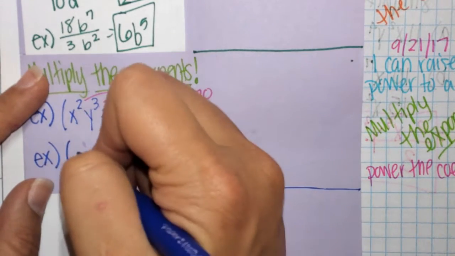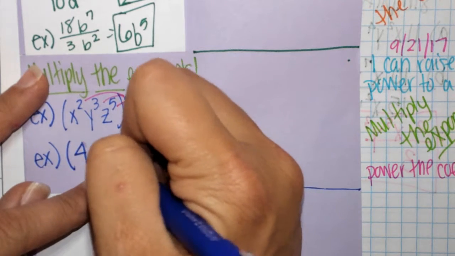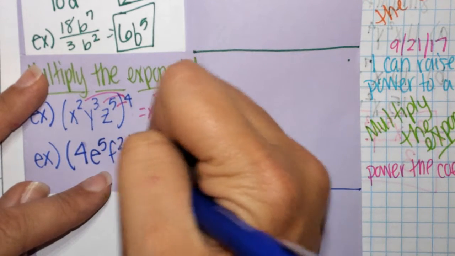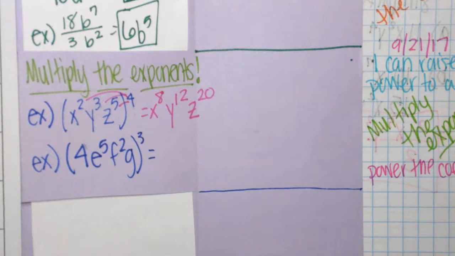Alright, so if I say 4 e to the 5th f squared g cubed. It's all one thing. Are we going to multiply 4 times 3 or are we going to do 4 cubed? 4 cubed.